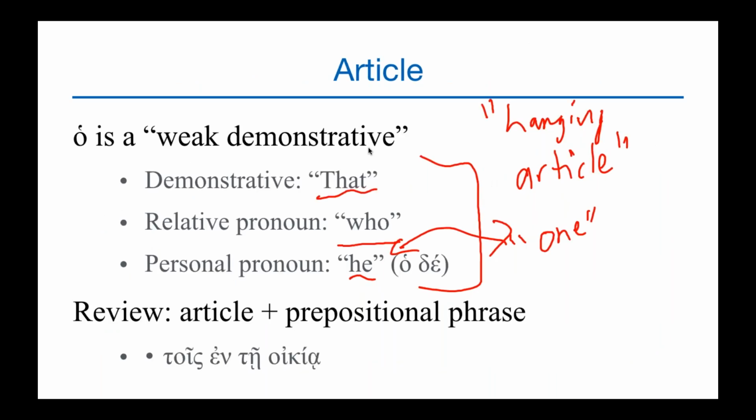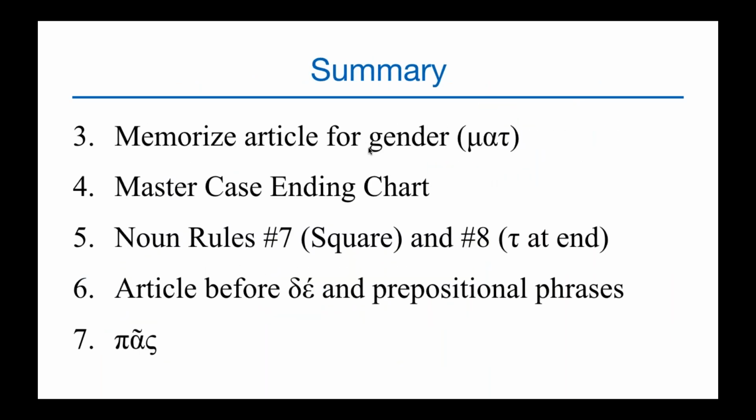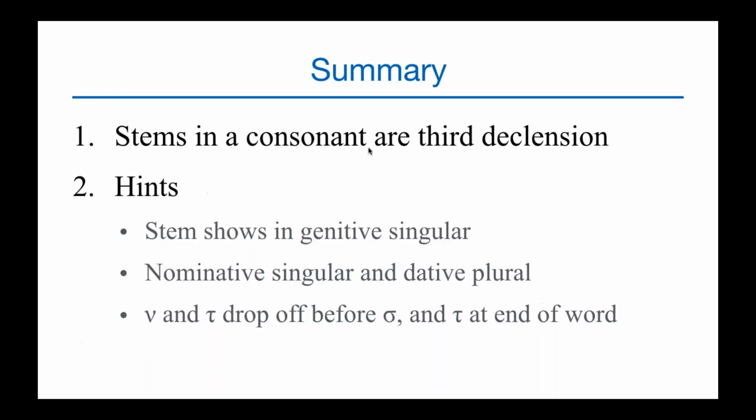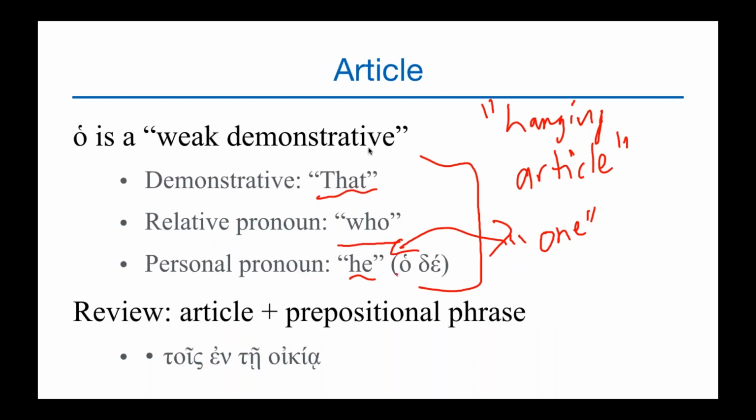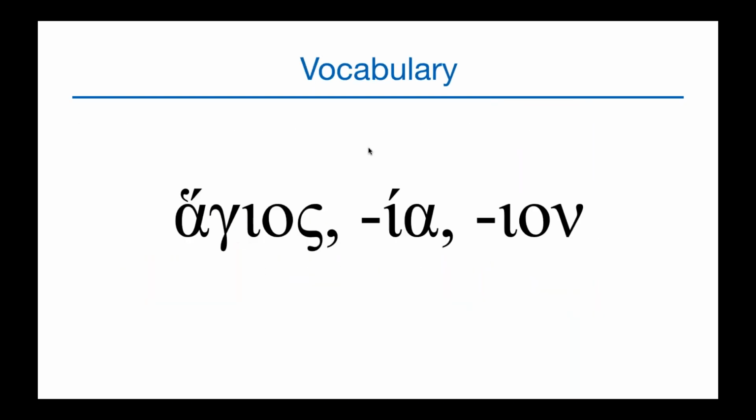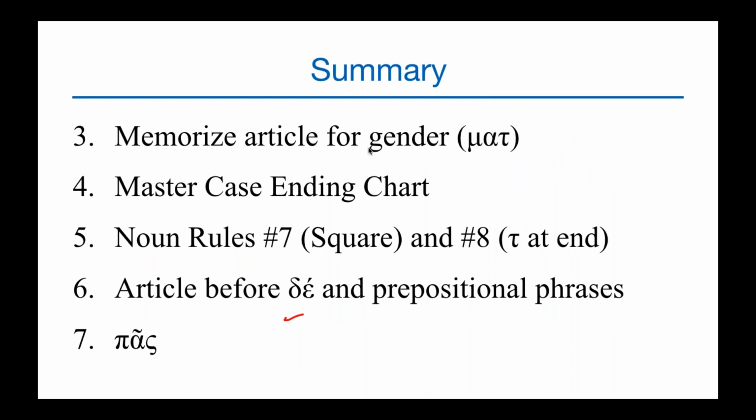I'm never going to ask you to reproduce it. The article before de is going to be one of the times where you see this. So this is an example of where it can be "he." And then it is helpful to memorize the pos paradigm because it basically will teach you the paradigm for the third declension.